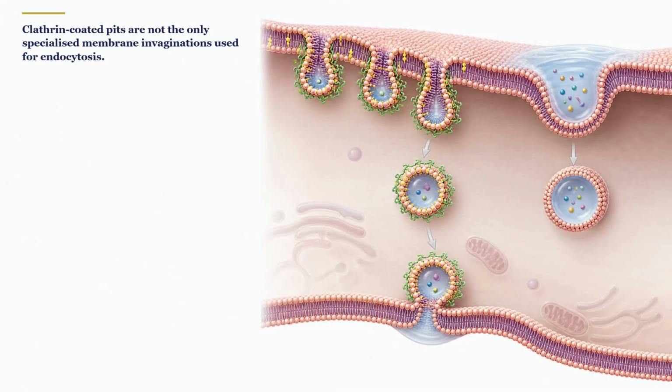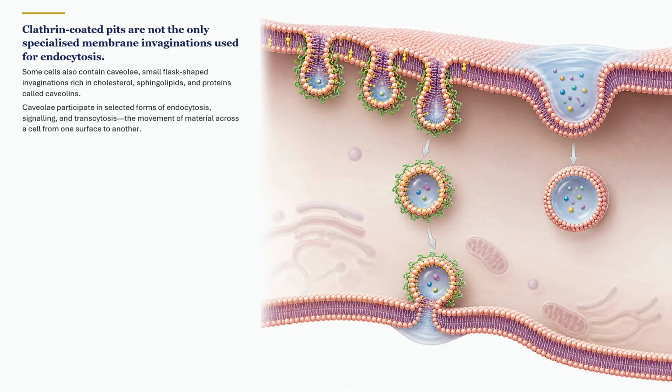Clathrin-coated pits are not the only specialized membrane invaginations used for endocytosis. Some cells also contain caveolae, small flask-shaped invaginations rich in cholesterol, sphingolipids, and proteins called caveolins. Caveolae participate in selected forms of endocytosis, signaling, and transcytosis, the movement of material across a cell from one surface to another.